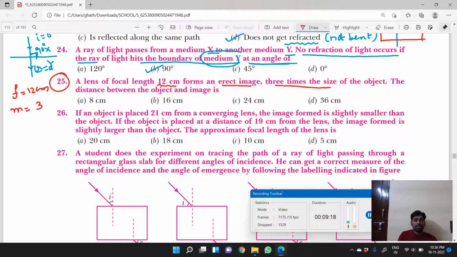Magnification is v by u, which is 3. Then v can be written as 3u. Here the object distance is unknown. Similarly, the image distance is also unknown.